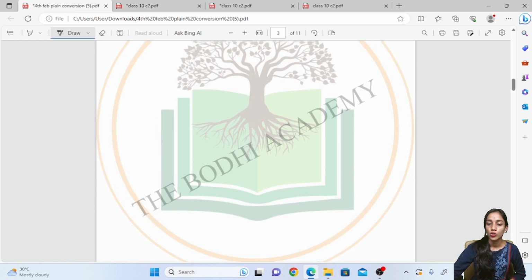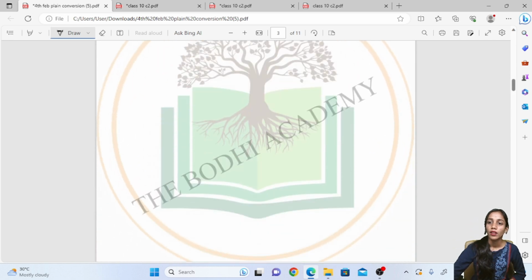Okay. So now we have already seen the indicators, the natural indicators and synthetic indicators, which are used to indicate the acidic or basic nature of a material.